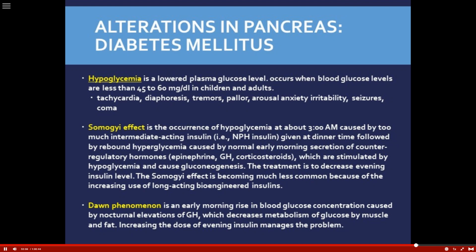So let's go to the dawn phenomena. In this case, this is more of a natural phenomenon of the body, because around 2 or 3 a.m., the body is sensing, oh, I've got to get prepared, I'm going to start waking up. So it starts pumping out glucose. In this case, there's not enough insulin.